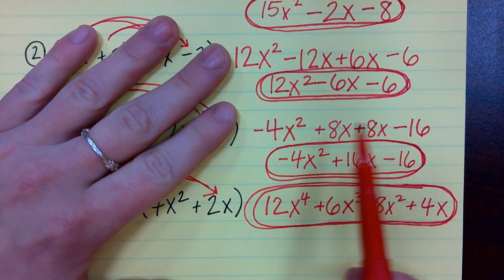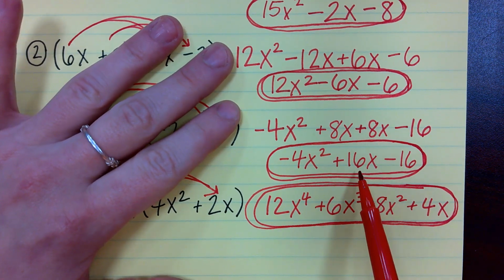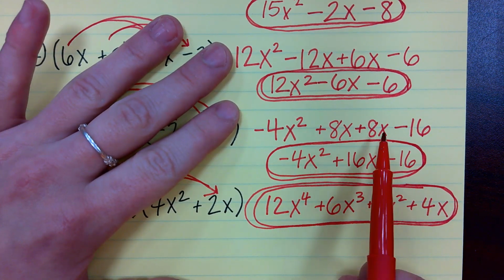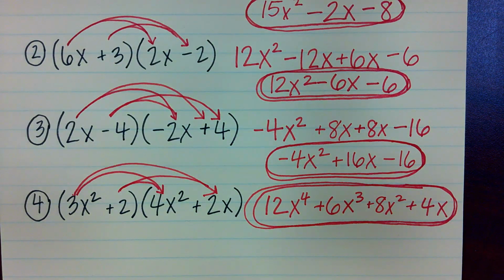We had the like terms of 8x plus 8x. So we got 16x. That x does not change to an x squared because we're just adding. We only change the exponent when we multiply. Sound good? Cool. Okay. Awesome.